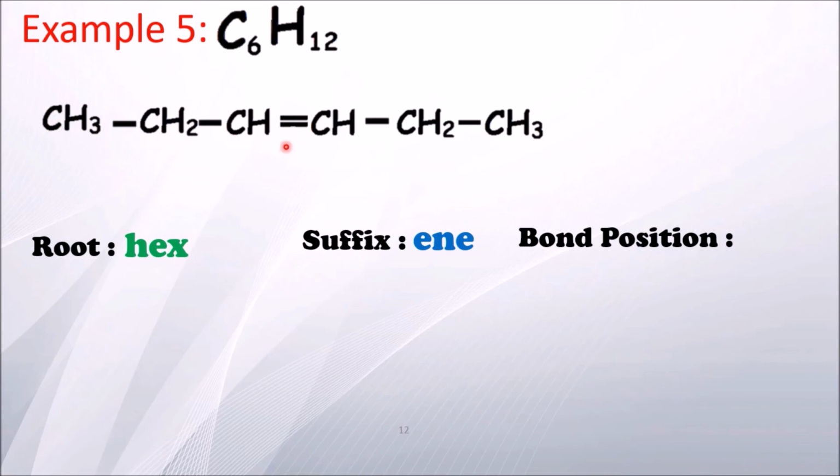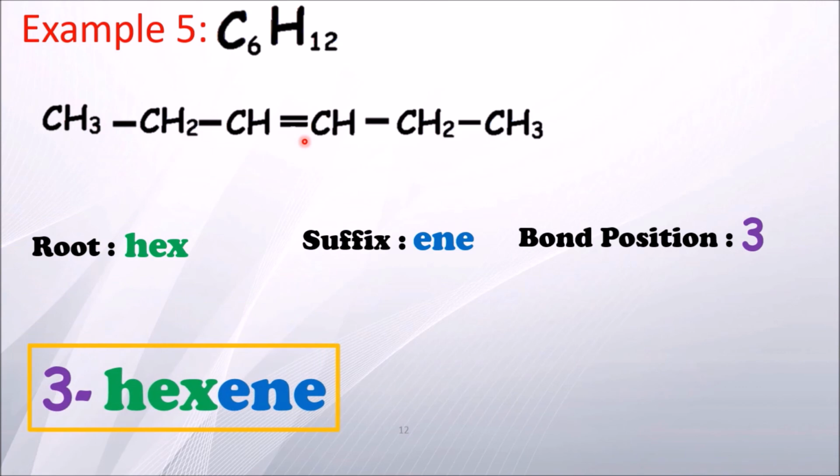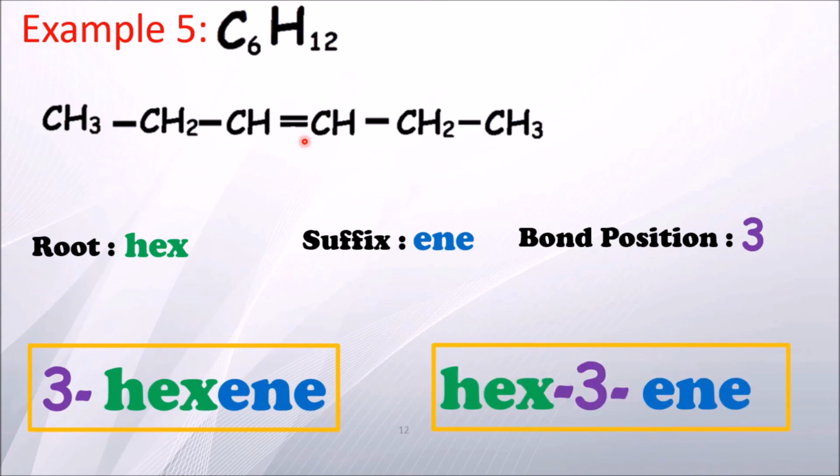So in that direction, the double bond has the position 3. Now when you count from right to left, 1, 2, 3, the double bond will come after the third carbon, so the position will be 3. So in both directions, we have 3 being the double bond position. Hence, the name is going to be 3-hexene or hex-3-ene.